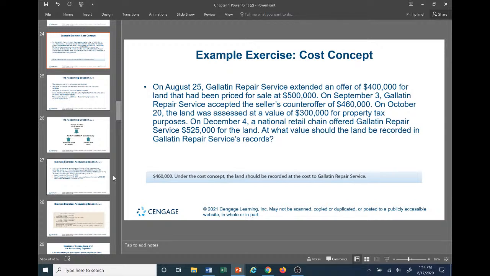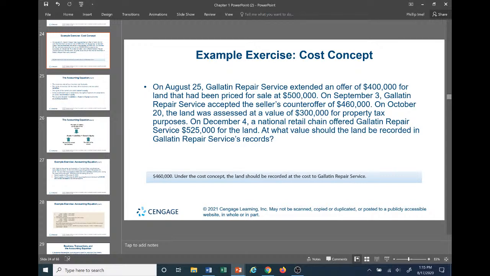Well, as we can see here, it gives us the answer. Under the cost concept, the land should be recorded at the cost to Gallatin Repair Service. We know this amount is $460,000 because on September 3rd, Gallatin Repair Service accepted the seller's counteroffer of $460,000. Meaning, if they accepted the offer, then they're going to purchase that land for $460,000.